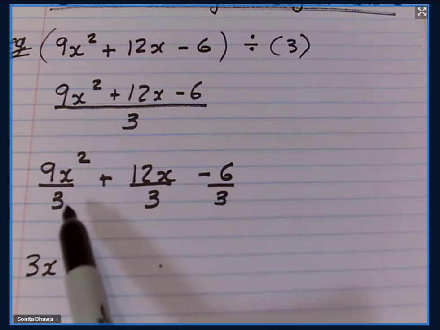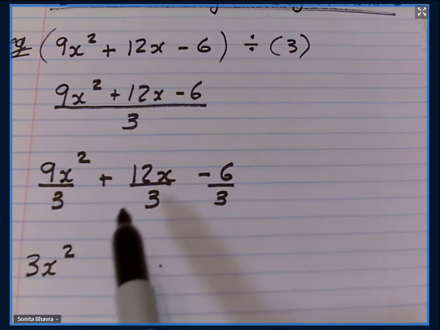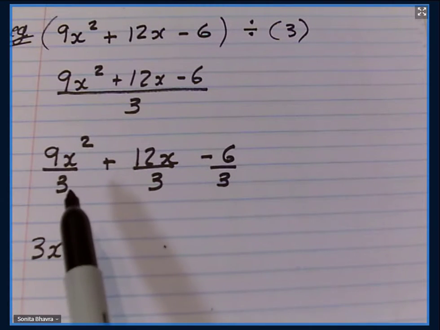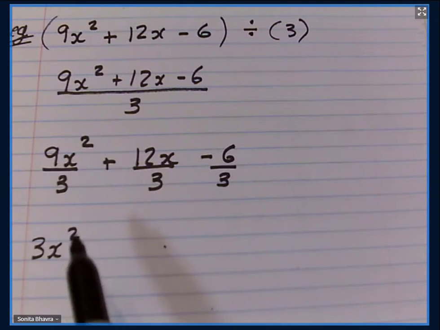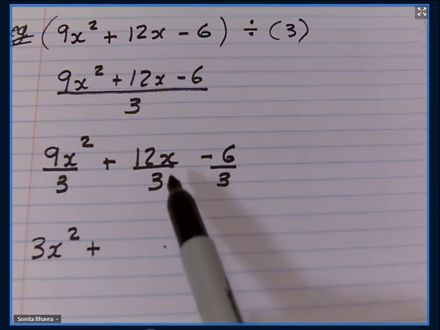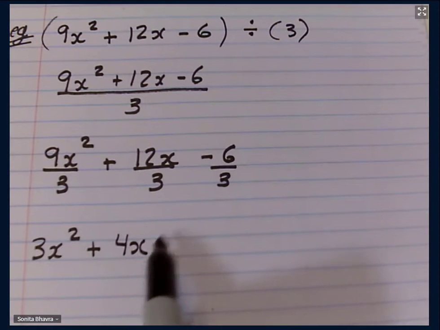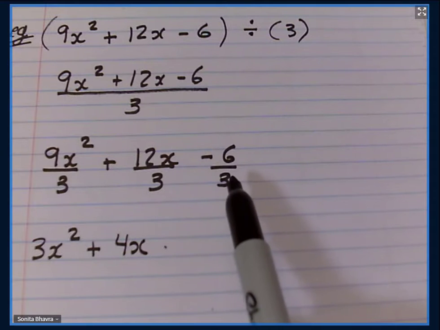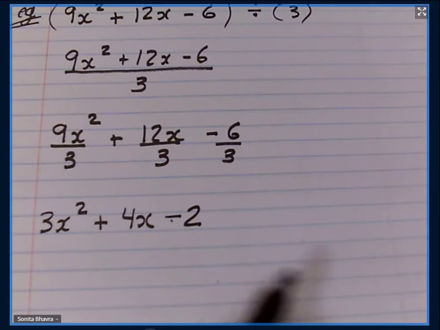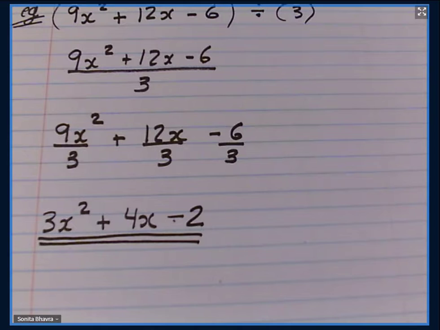There's no variables in the denominator, so we're not worrying about our exponent laws just yet. Then positive 12x divided by 3 is 4x, and negative 6 divided by 3 is negative 2. All right, and that is it. This is the final answer.